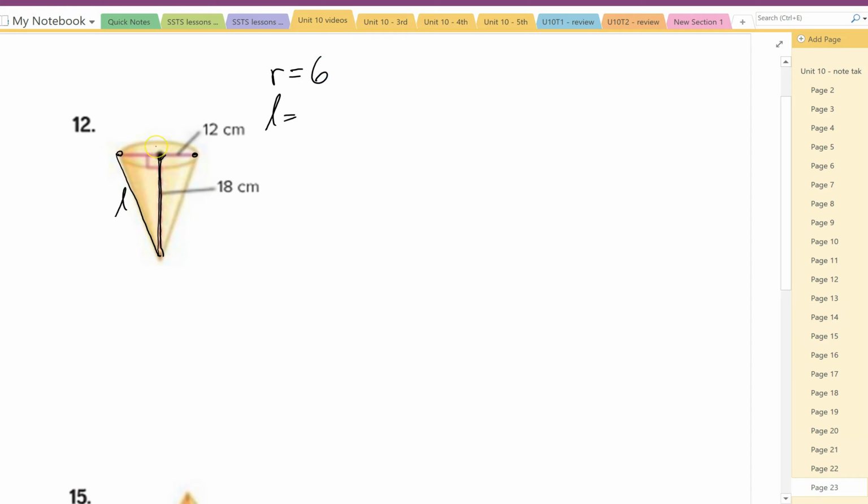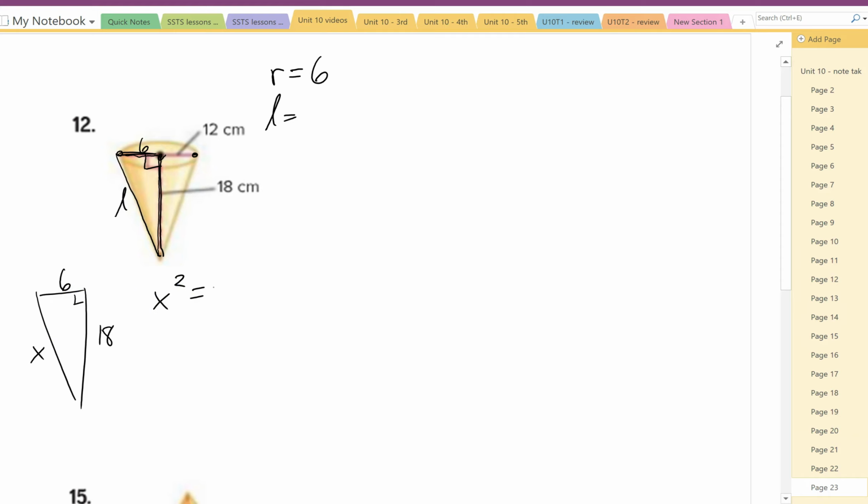To figure out the slant height, I'm going to have to use the Pythagorean theorem. Right? I have a right triangle right here. This back side is 18. What is this one up here? Well, that's just going to be a radius, which I just figured out is 6. So I have a triangle where this side is 18, that side is 6, and the hypotenuse, that longest side across from the right angle, is the one that I want to know.